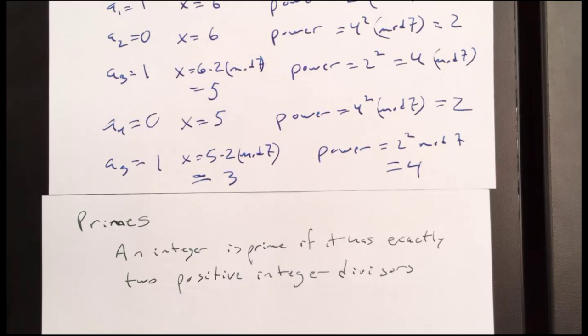A number is prime if it has exactly two positive integer divisors.